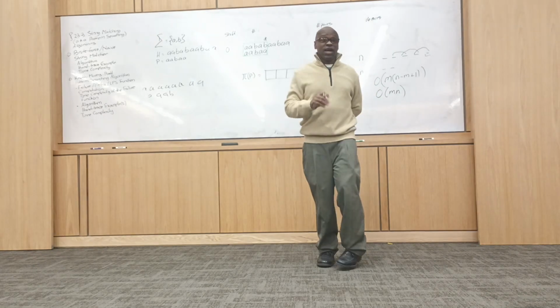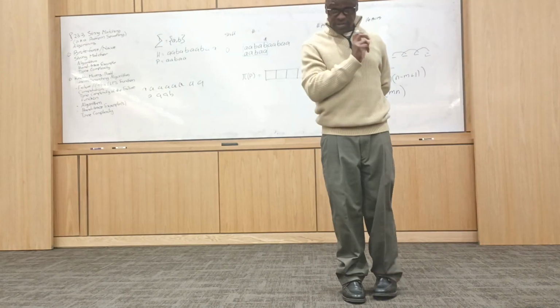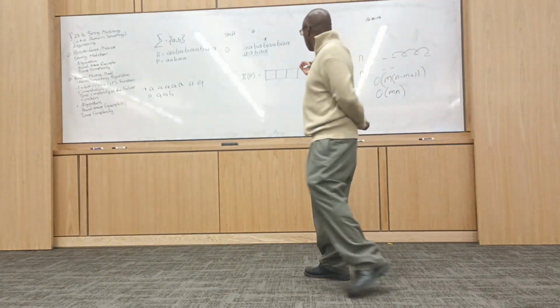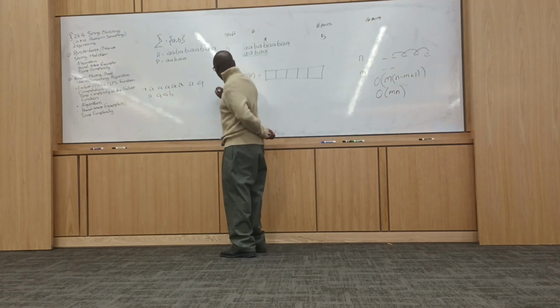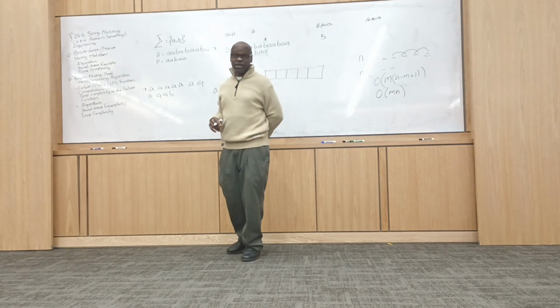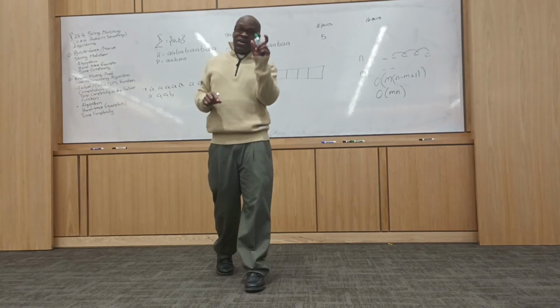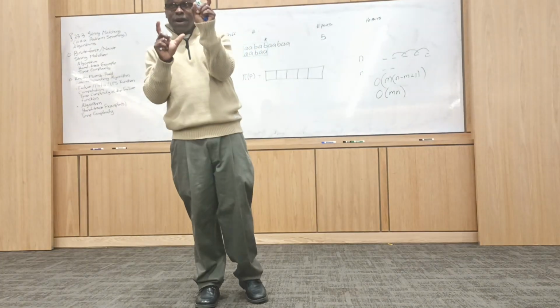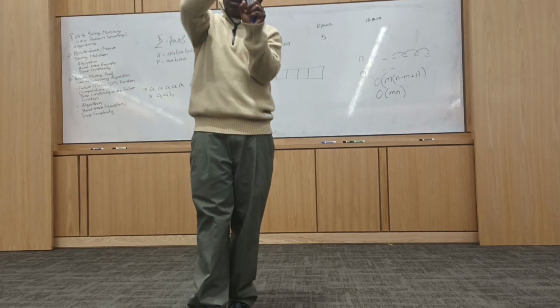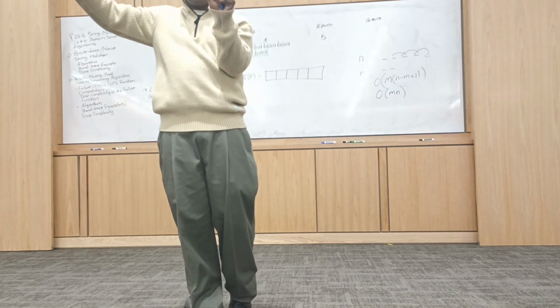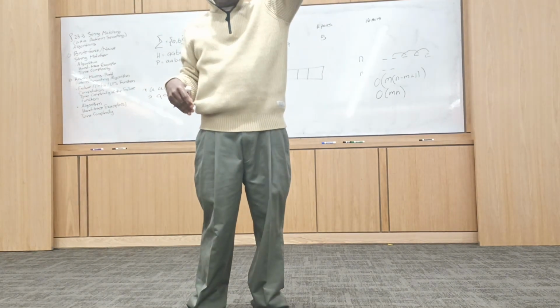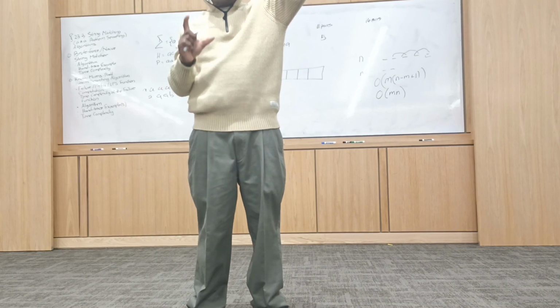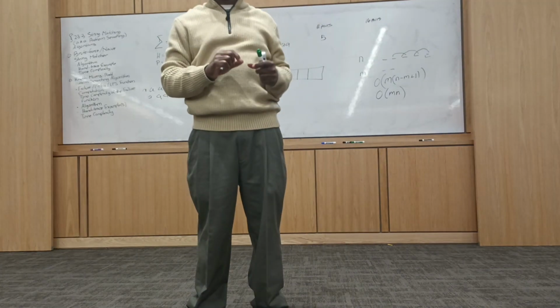First, I consider the first prefix of my pattern. My first prefix of the pattern is just A, right? Can I find a prefix of A that is a proper suffix? A proper suffix is one that does not cover the entire string. Can I find a prefix of A that is a proper suffix of A?